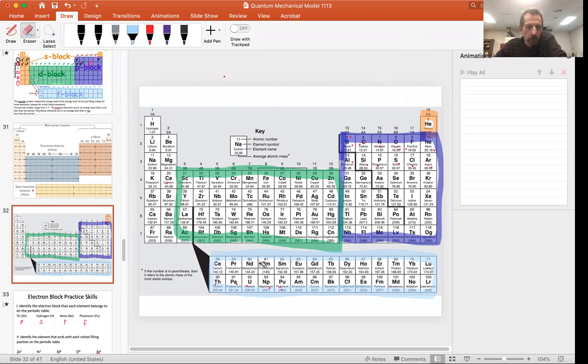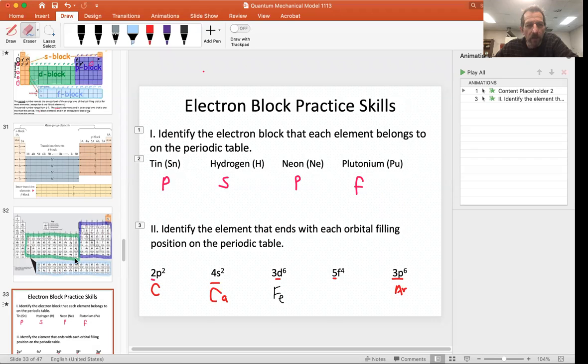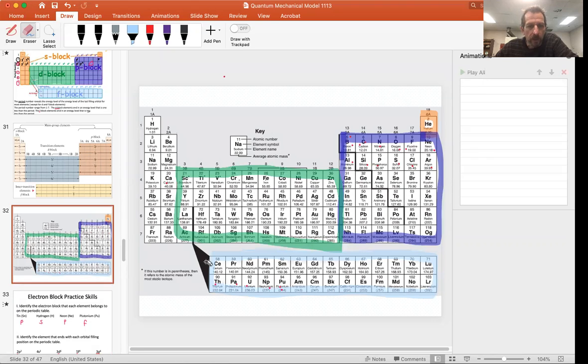If we just squish this up and jam it in there, that's where it goes. Then Ce is in row 6 and Th is in row 7. Those numbers are actually off by 2. So we're trying to see what would end at 5f4. Actually this row right here would be 4. This row right here would be 5.